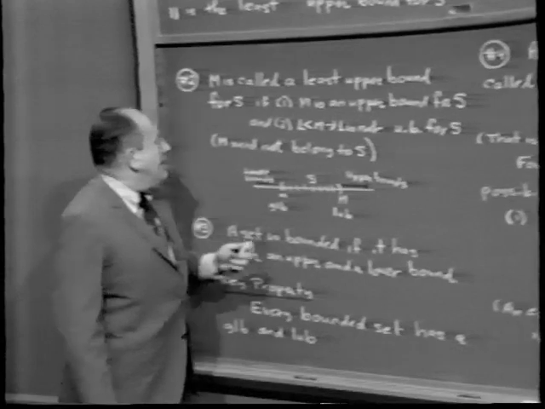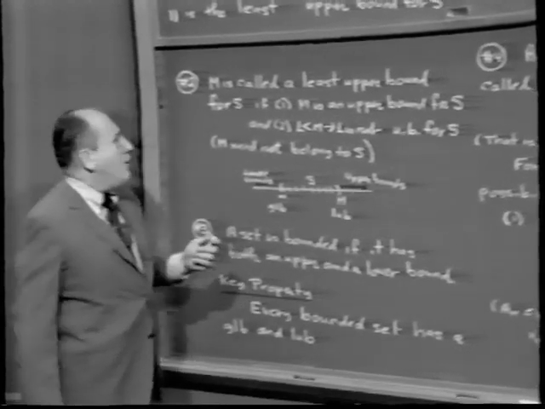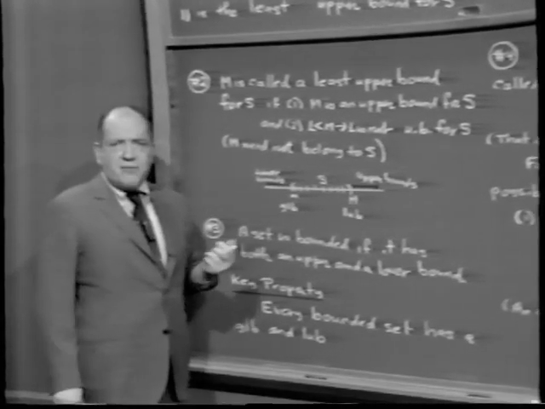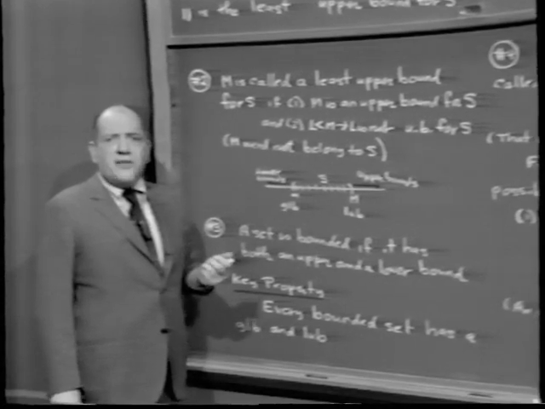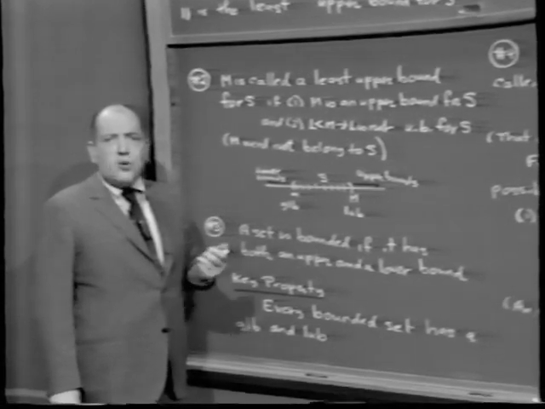The companion, well, let's go one step further. By the way, observe that in the interest of brevity, I have left out the corresponding definitions for lower bounds, but they are quite analogous.